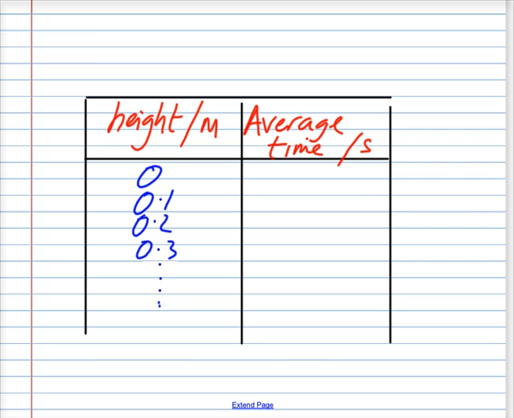Now, we can use graphing programs such as Microsoft Excel, which is a very simple program, and how to do that will be the subject of the next mini podcast.